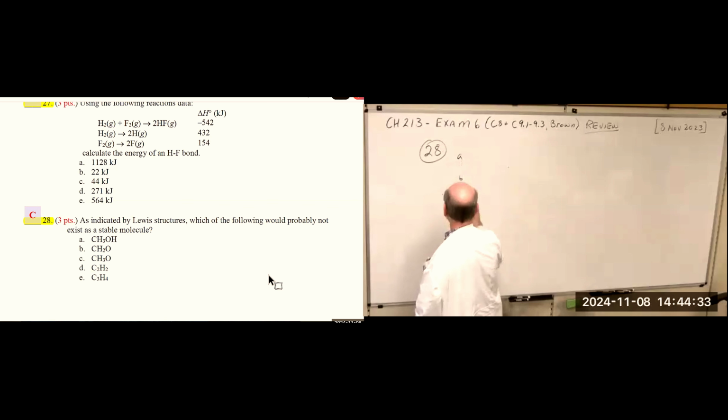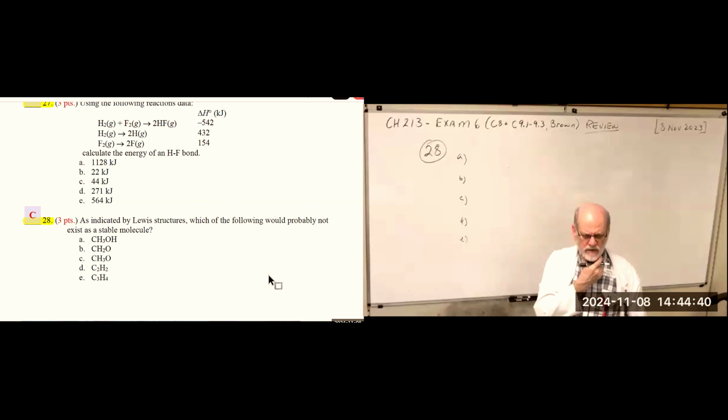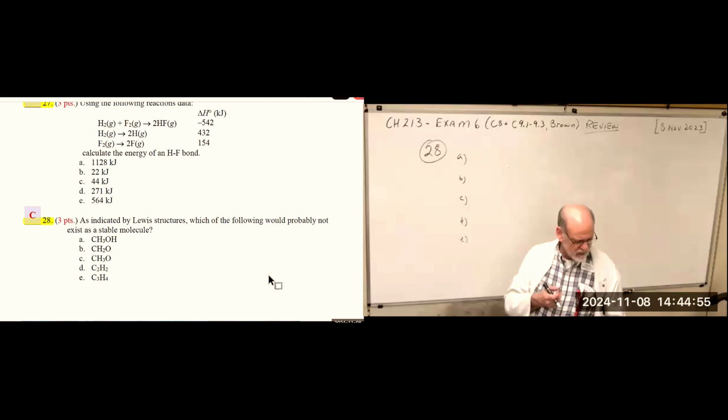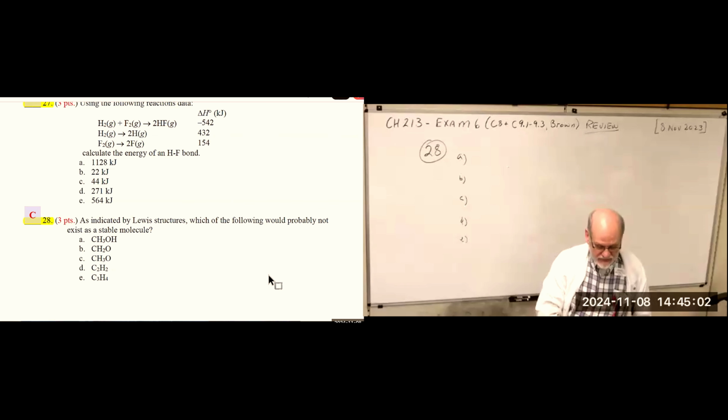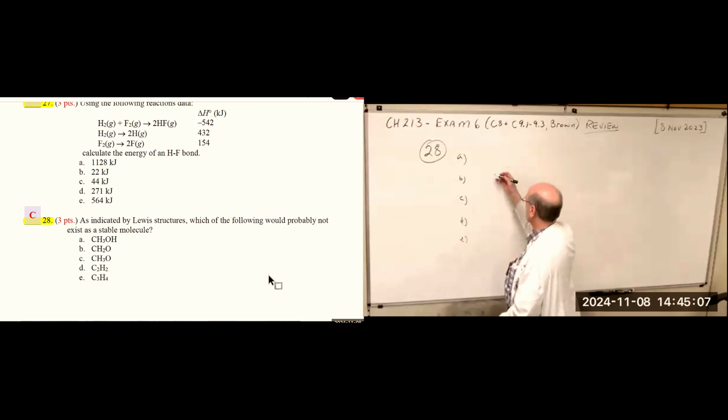A, B, C, D, E. Did we do formal charge yet? I think we did, didn't we? Calculate formal charge, yeah, with Lewis structures. Okay. That's one approach to this problem. The other is to draw the Lewis structure. It says as indicated by the Lewis structure, so we're going to draw the Lewis structure first anyway.